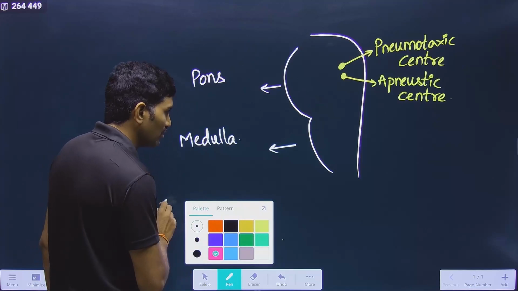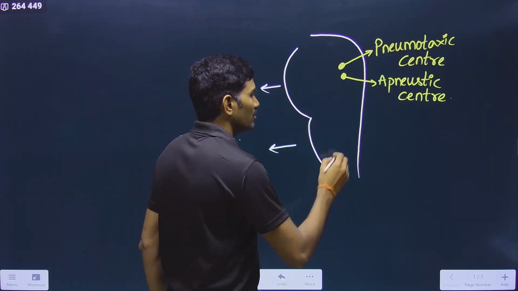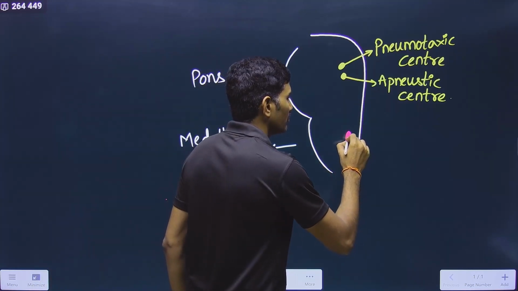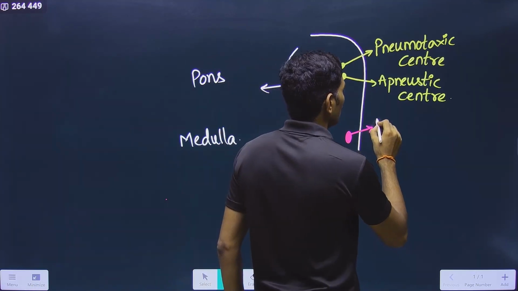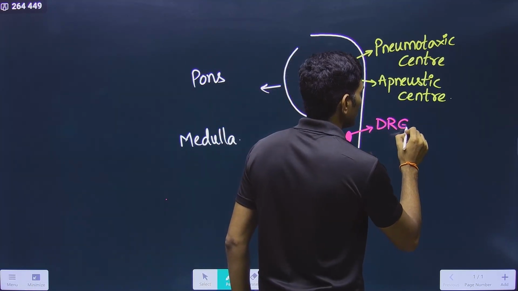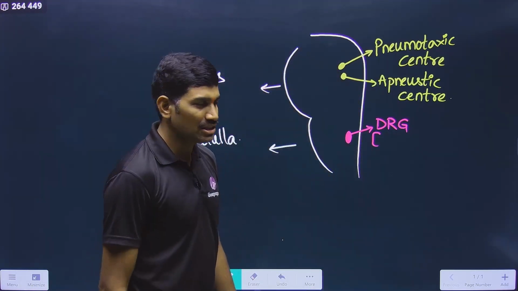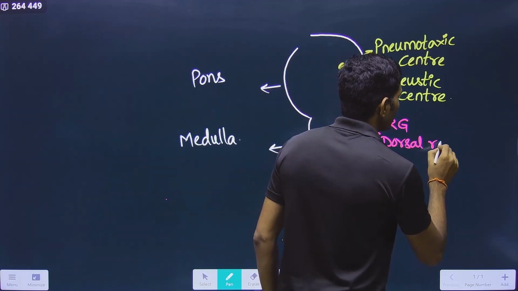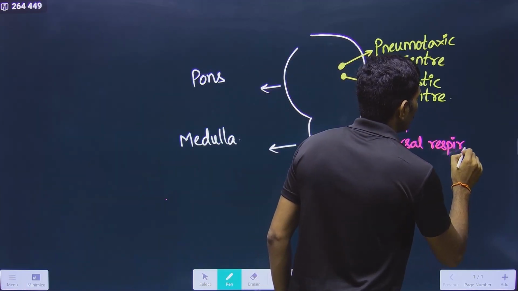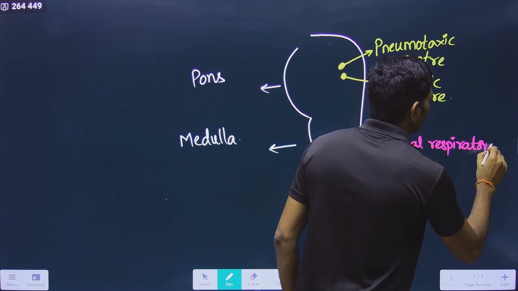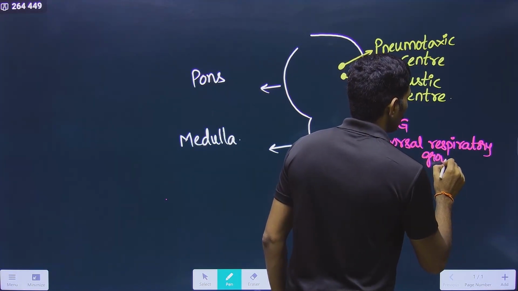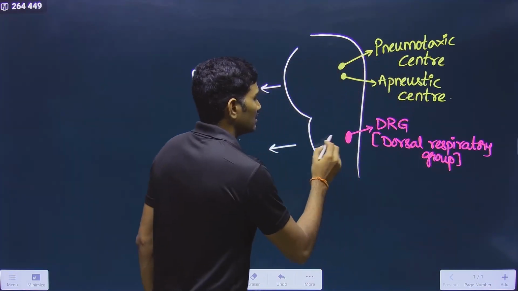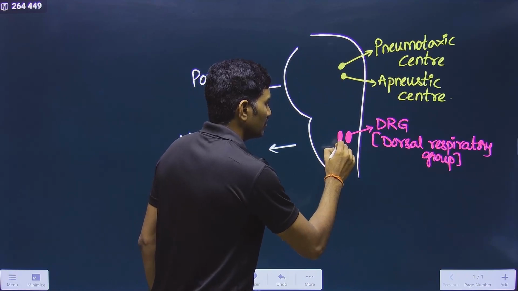Within the medulla region, there are some groups of neurons called the dorsal respiratory group, DRG. Just ventral to this, on the ventral side, there is the ventral respiratory group, VRG.